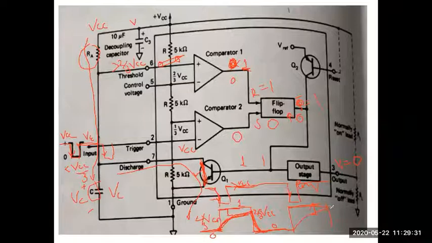When it reaches 2 by 3 VCC, automatically the upper comparator output will change to 1. The flip-flop will get reset and the final output will come back down to 0. So whatever is the time taken for this capacitor voltage to reach 2 by 3 VCC, that depends on this external resistor RA and C, because the capacitor C charges towards the voltage VCC through RA.